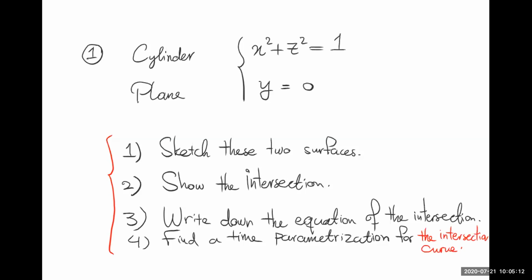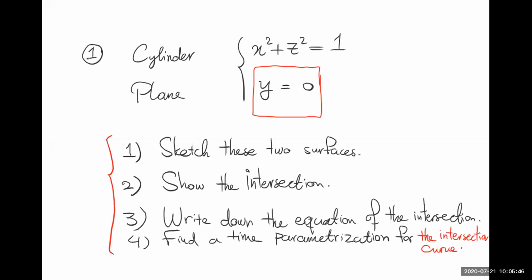Okay, so does anyone have the answer? Okay, that's good. x squared plus y squared equals 1. Well, I don't think so, because here it says y is equal to 0.